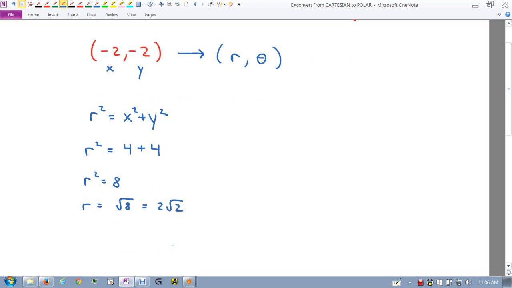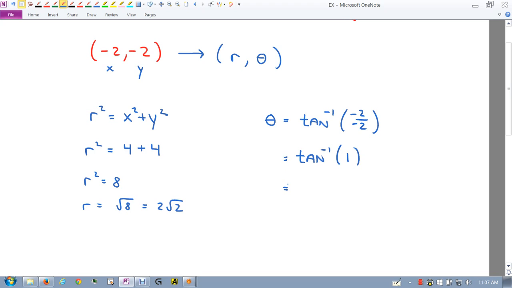Now theta. So to get theta, we take arctangent of -2 over -2, which is the same as arctangent of 1. And if you were to use your calculator here, what angle would it spit out? Where's the ratio of the y and x coordinates 1?